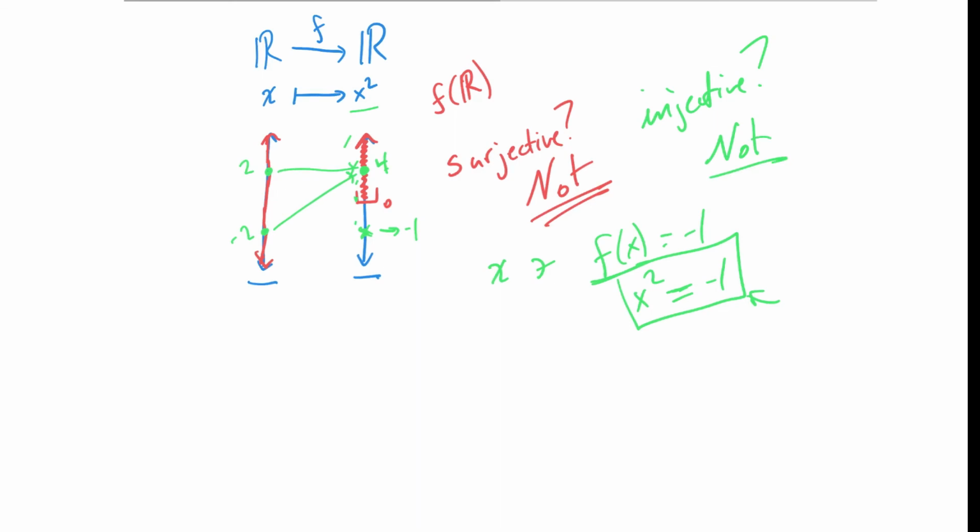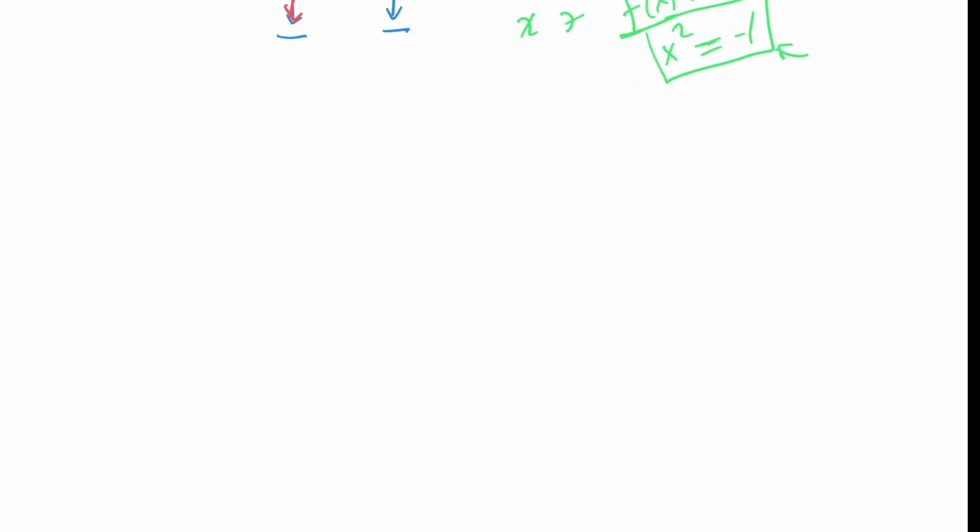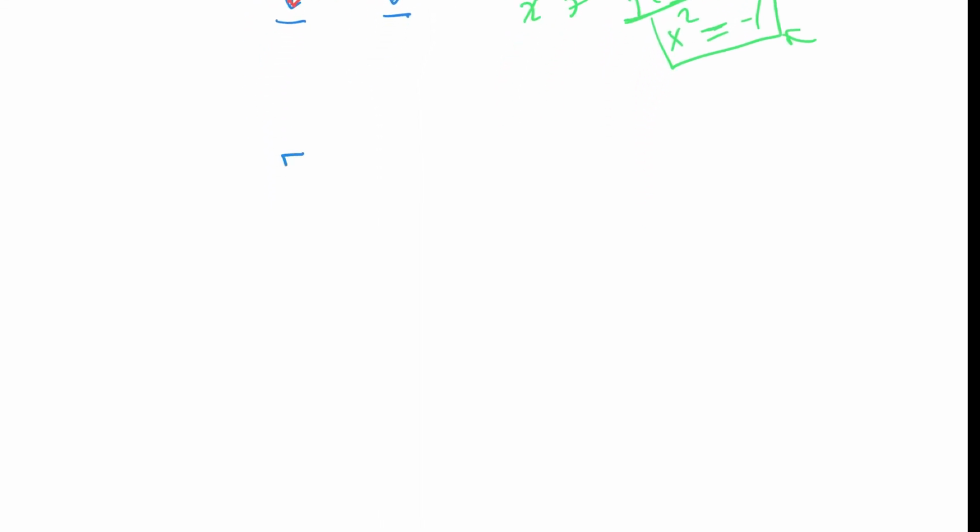All right, let's change this ever so subtly. Let's say we're going from 0 to infinity to 0 to infinity via f, but using the same rule. Okay, so this is me using advanced function terminology. A function is more than a rule. A function is a rule, like this, along with a domain and a codomain.